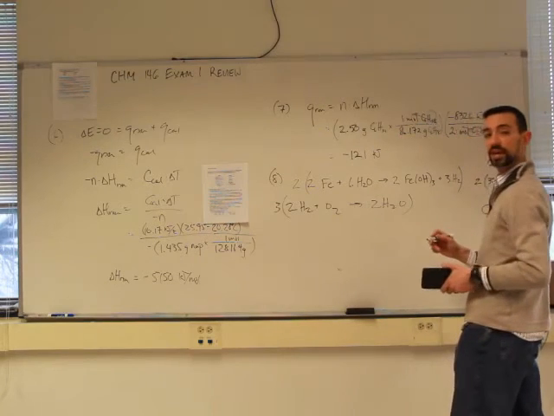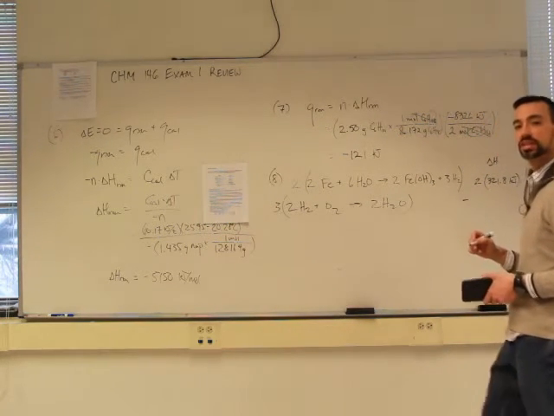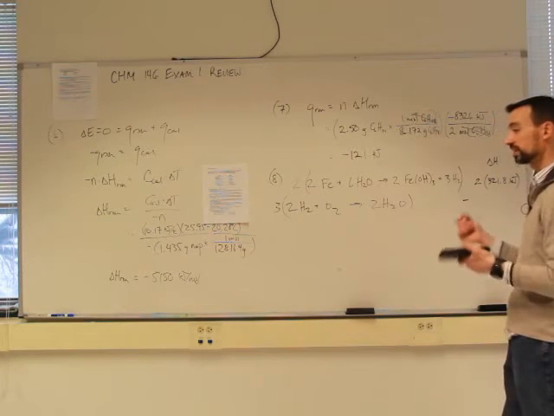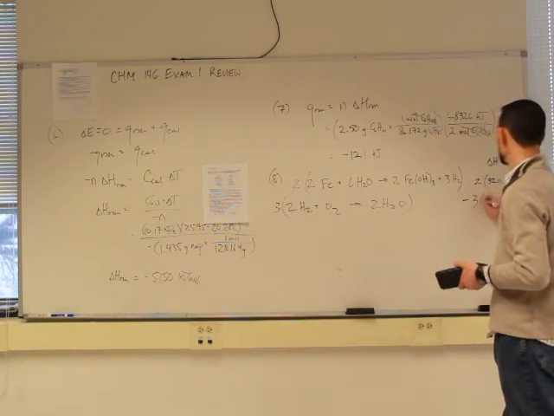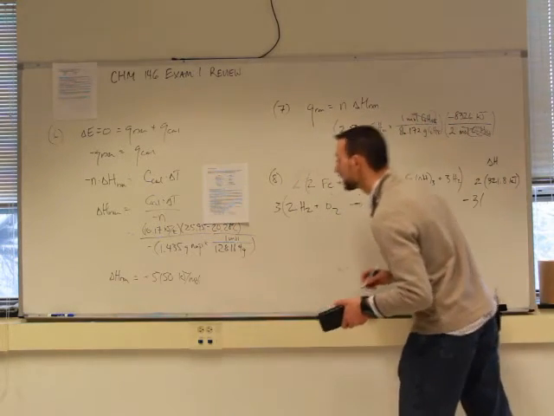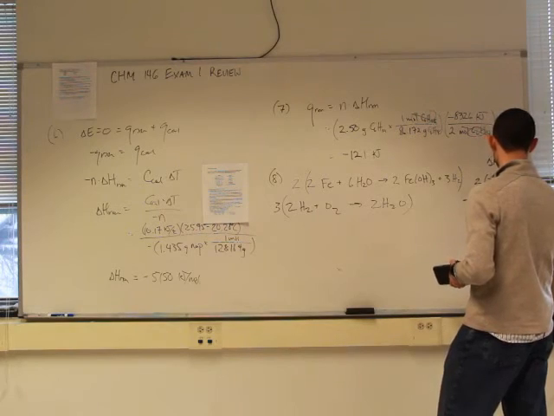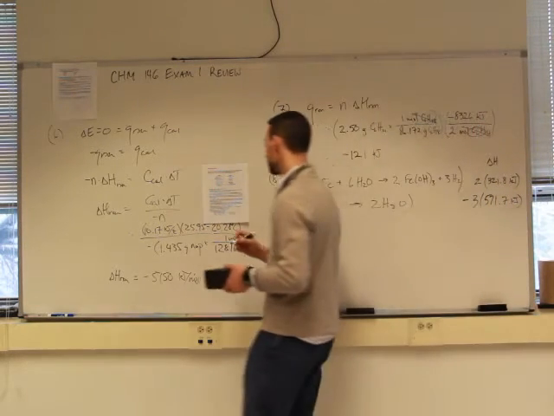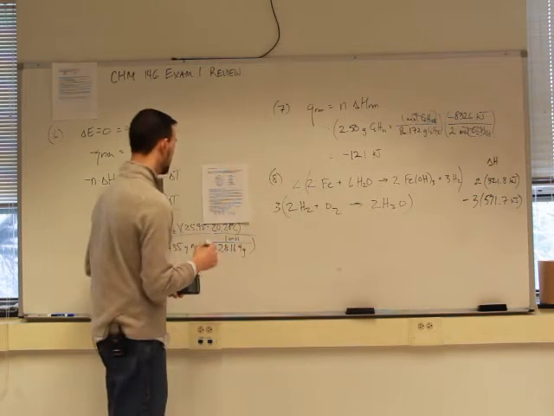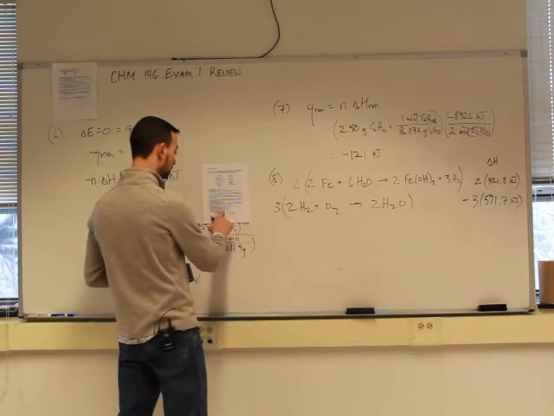So I've done 2 things to that reaction. I switched its direction, which would introduce a negative sign or change the sign of its energy, and I tripled it. So I'm going to multiply its energy by -3. Its enthalpy change was -571.7 kilojoules. All right.